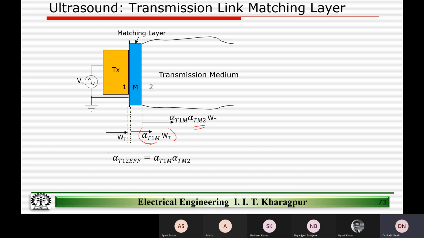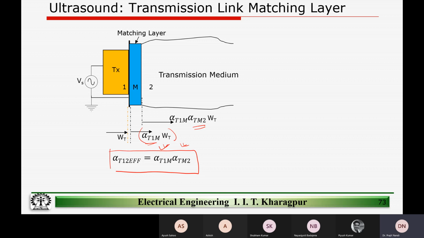So the effective transmission coefficient from medium 1 to medium 2, instead of alpha T12, which we discussed in the last slide, is the product of these two numbers.